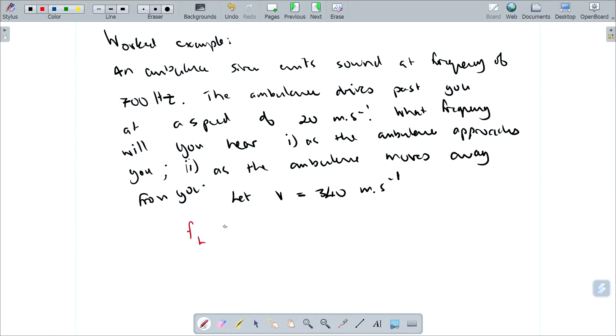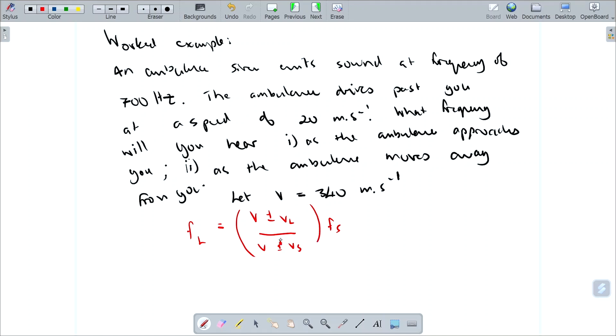So let's look at our equation. Our equation is given by FL equals (V plus or minus VL) divided by (V plus or minus Vs) times the frequency of the source. Just to be clear, this is all within the bracket.